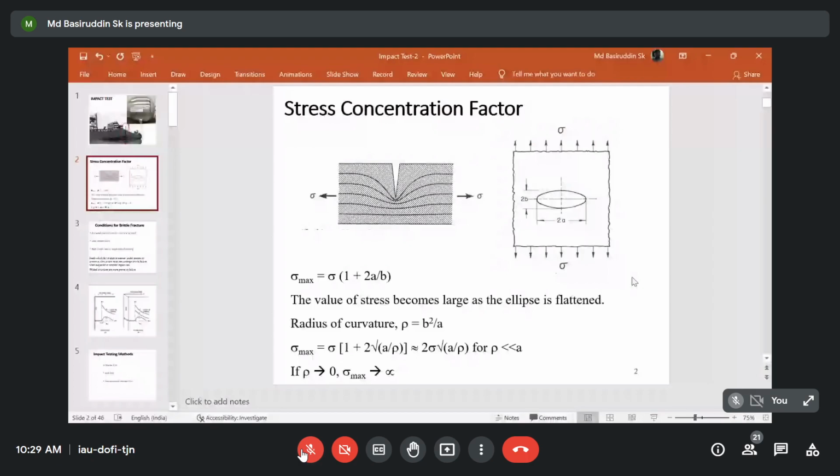You multiply with such factors, and that multiplied load will influence the fracture behavior.